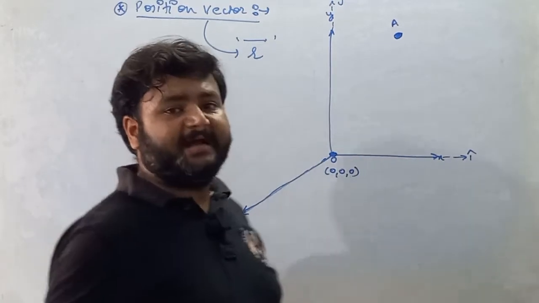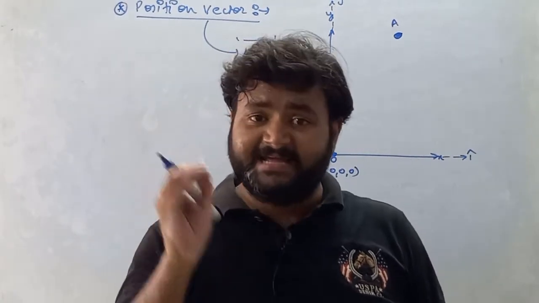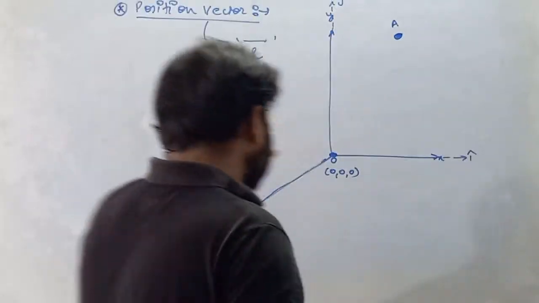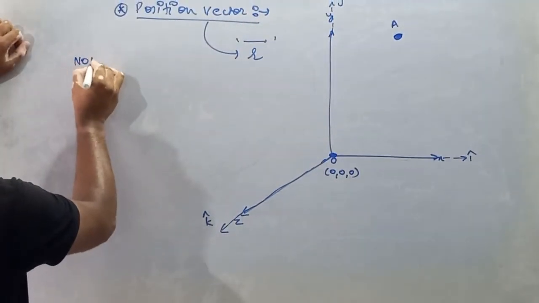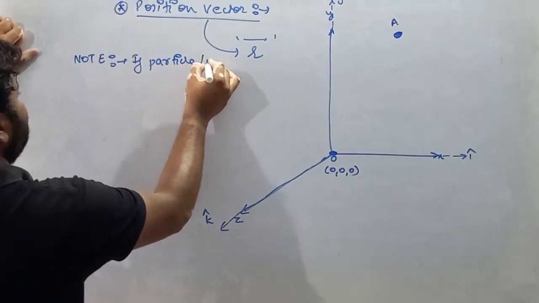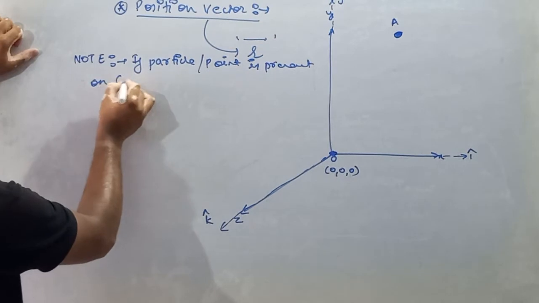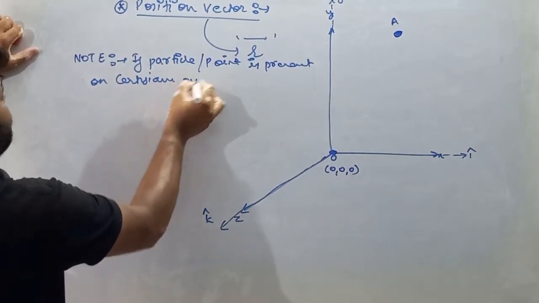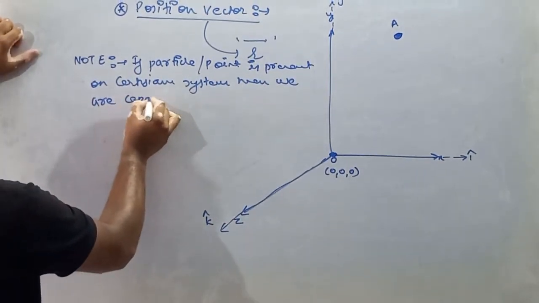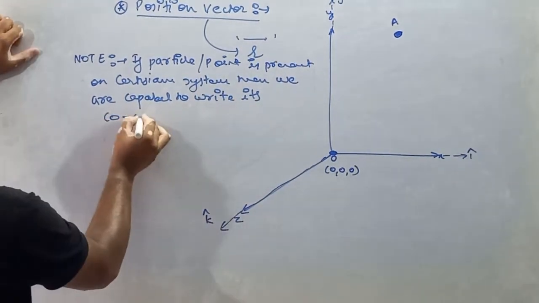Remember one thing, beta: if any point or particle is placed in a Cartesian system, then we are capable of writing its coordinates. I'll write it as a note: if a particle or point is present in a Cartesian system, then we are capable of writing its coordinates.